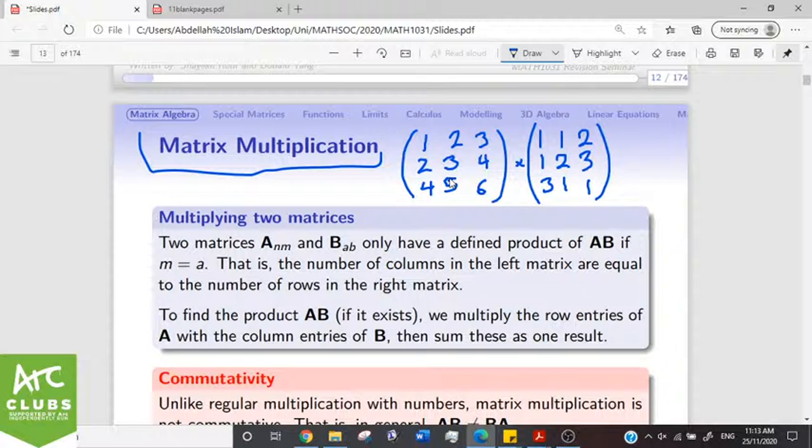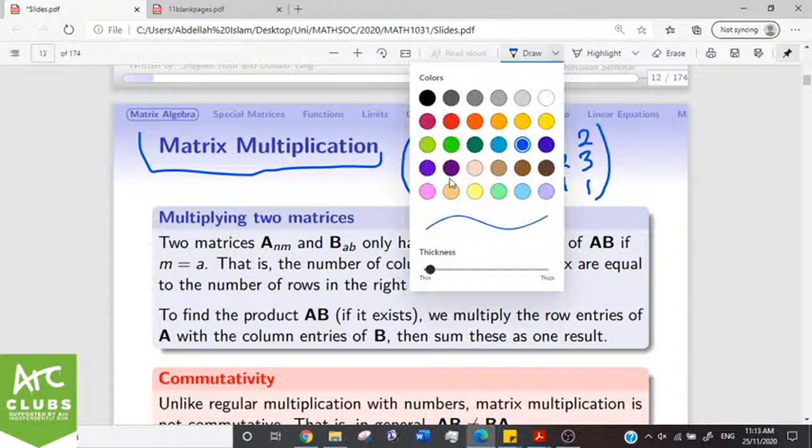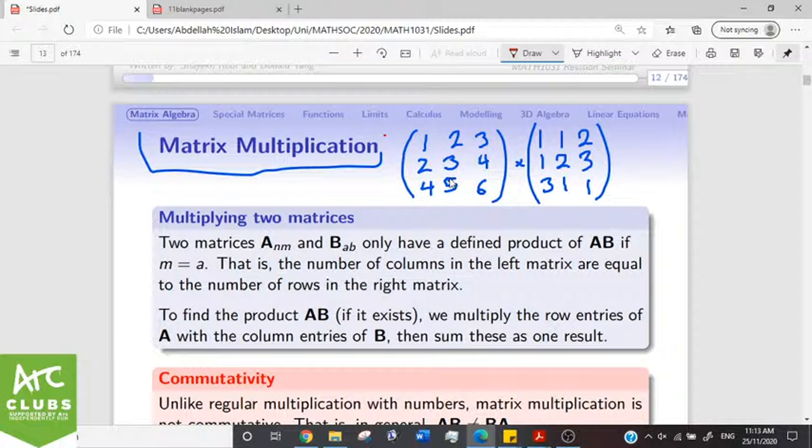Well, what you do is you take this row and you multiply the terms in this row by the terms in this column, and the sum will give you the first entry.